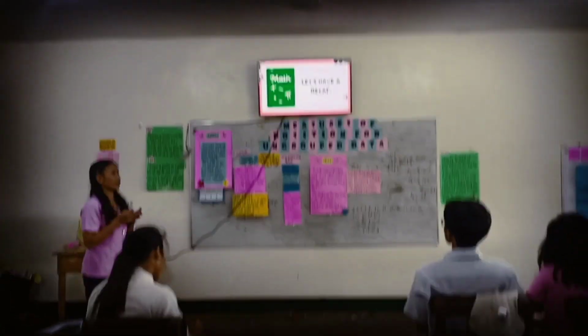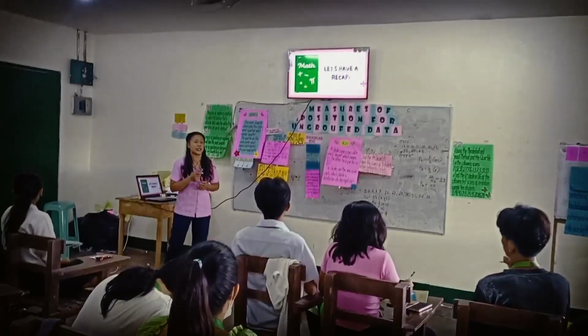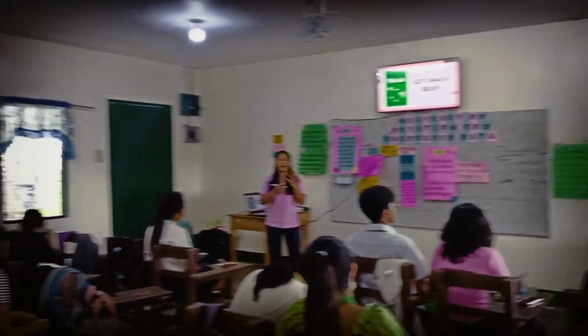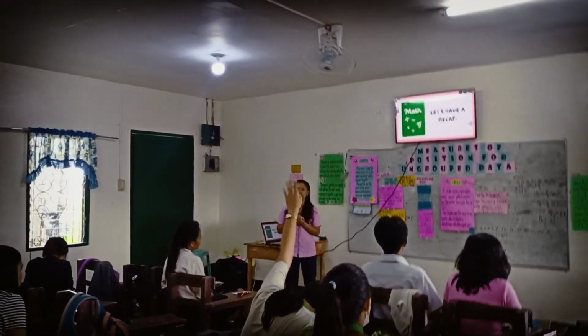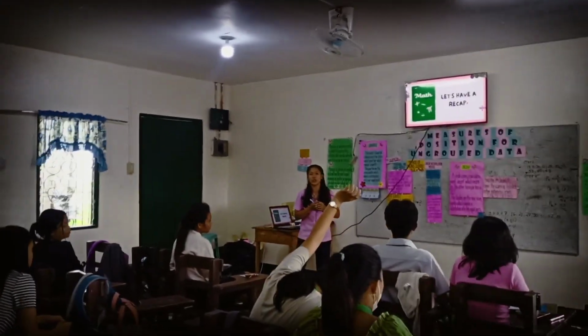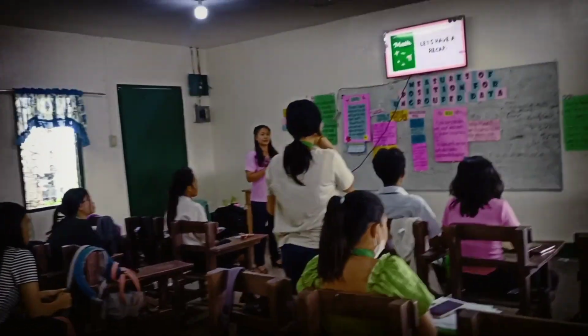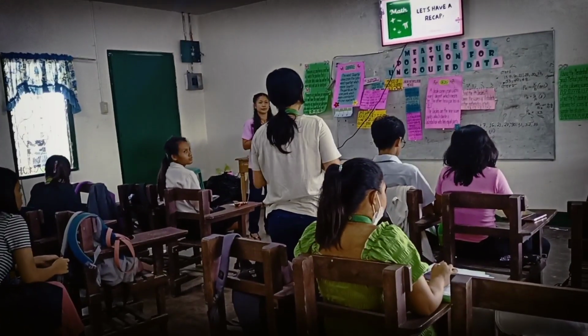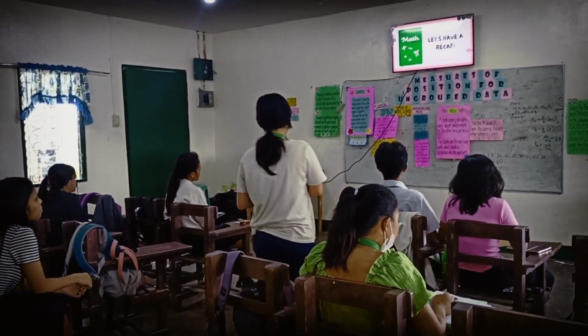So let's have a recap. I know that you've learned a lot during our discussion, class. What is our topic all about? Anyone? Yes, Miss Manaloto? We have discussed measures of position for ungrouped data, the decile and quartile.